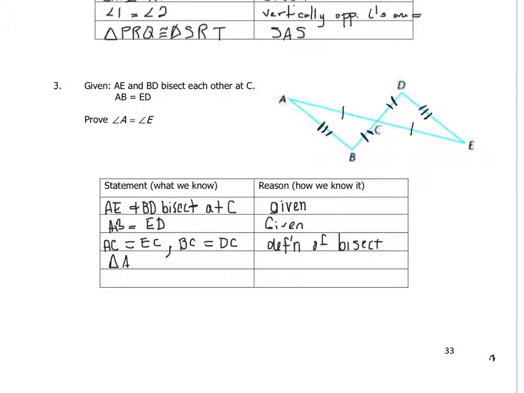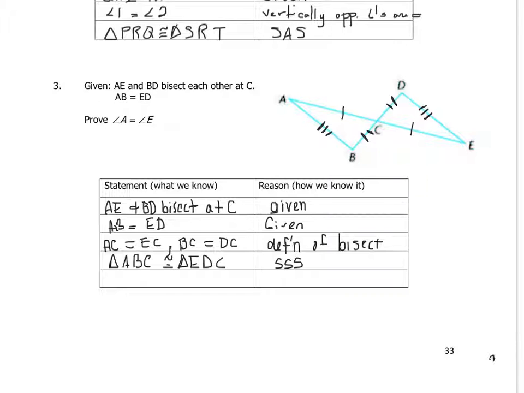So triangle ABC is congruent to triangle: A matches up with E, B matches with D, and C matches with C, and that is SSS.